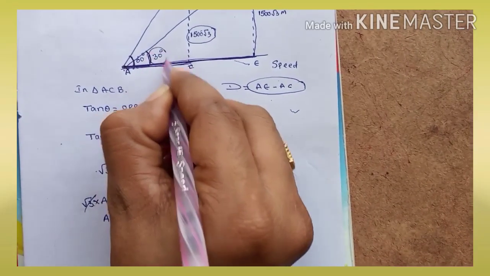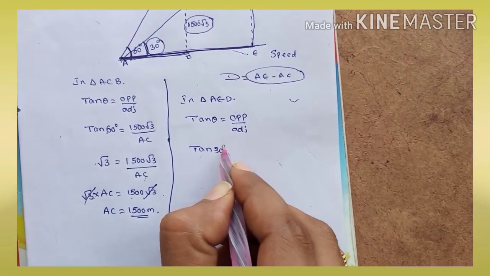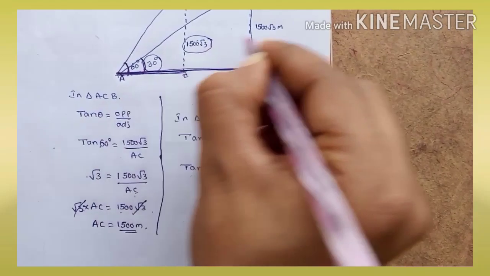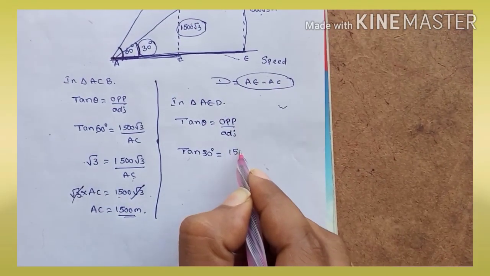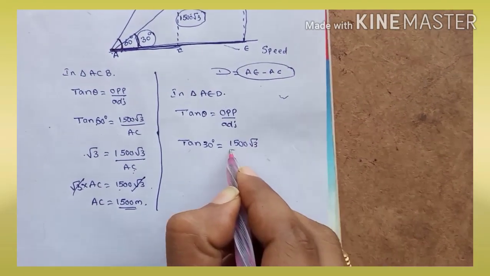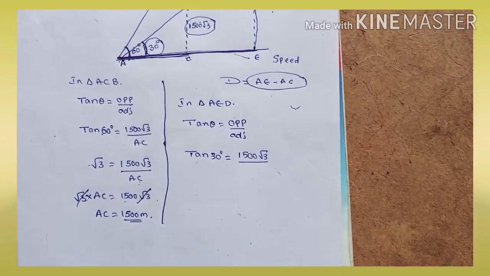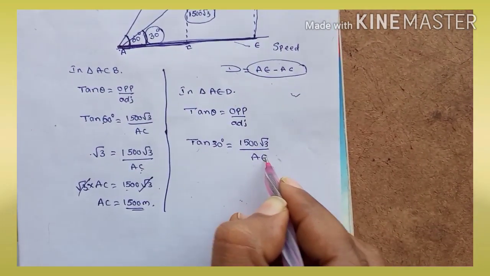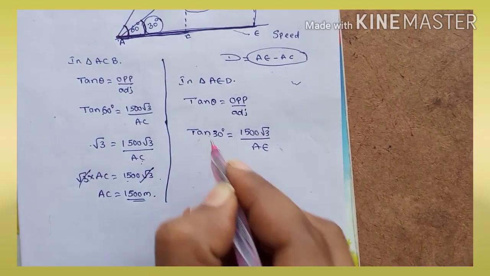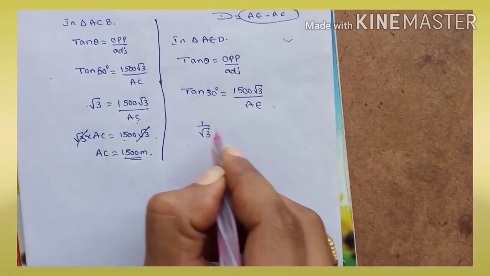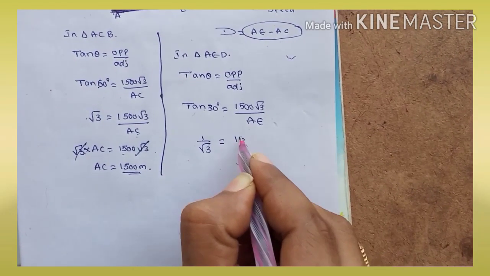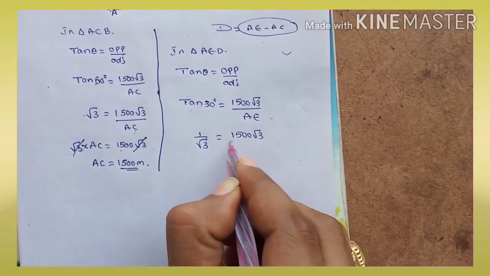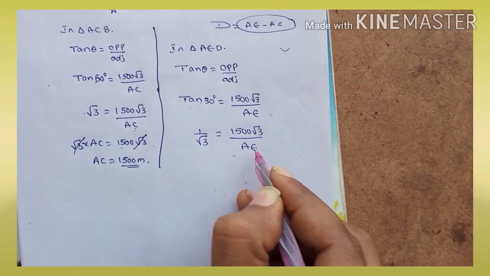Theta is 30 degrees. The opposite value is the same because it is traveling at equal altitude, and the adjacent value is the complete side AE. Tan 30 is equal to 1 by root 3, equal to 1500 root 3 by AE.